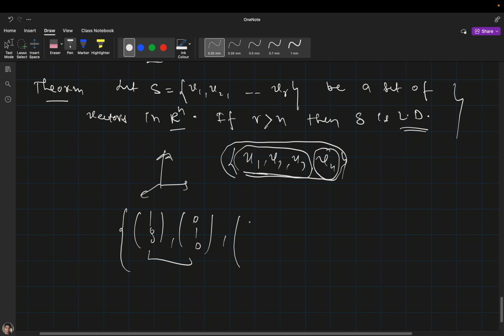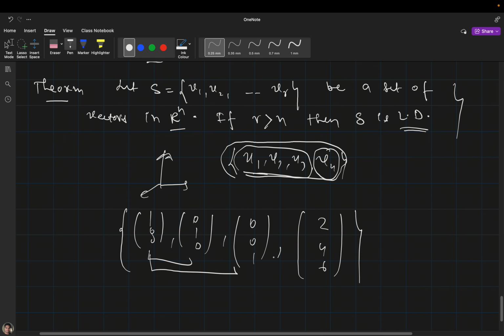Now I have a third vector 0 0 1. Now tell me, are these three independent or dependent? Independent.